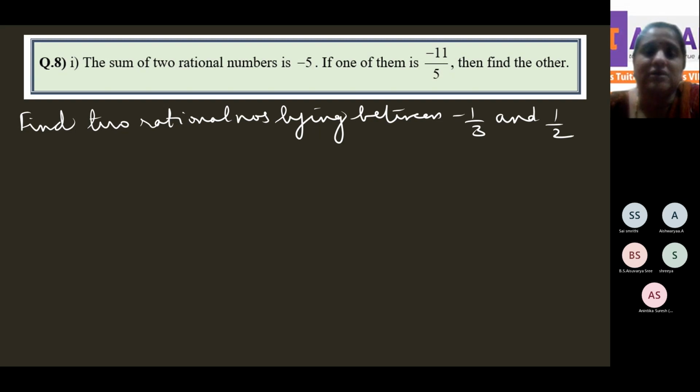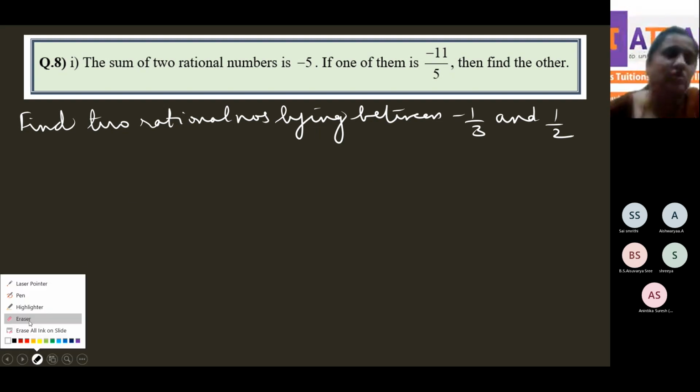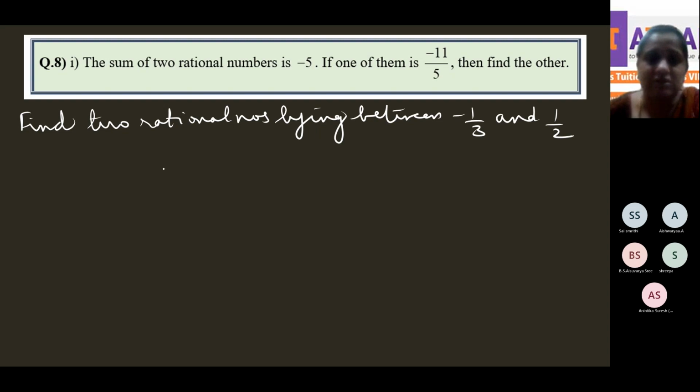If the question specifies that you have to insert the rational numbers between these two rationals using the concept of mean, then you have to use this method. It is tedious, but you have to do it. Here it's not specified, but let's learn this method now through this question.